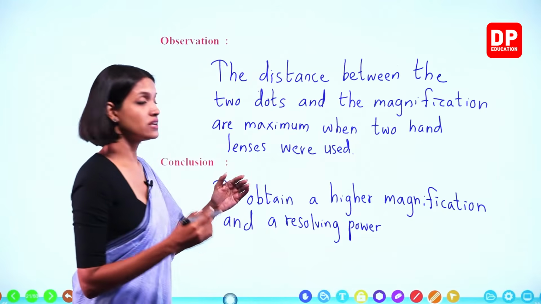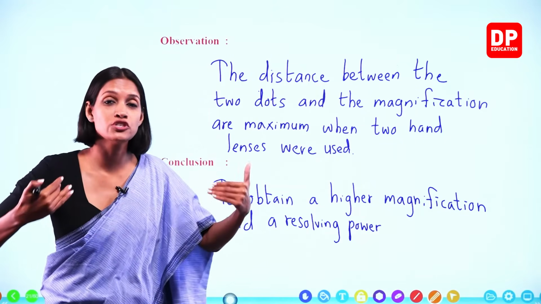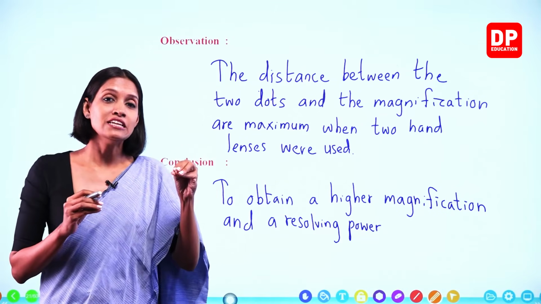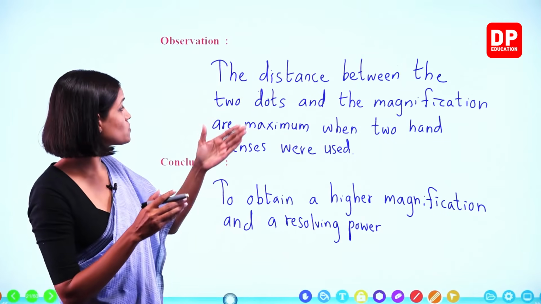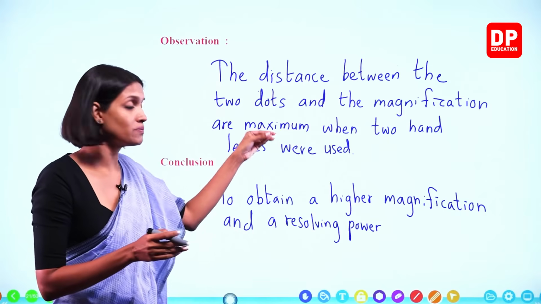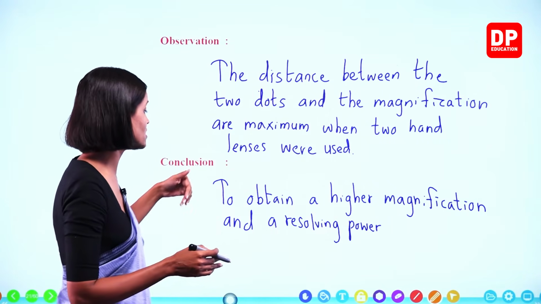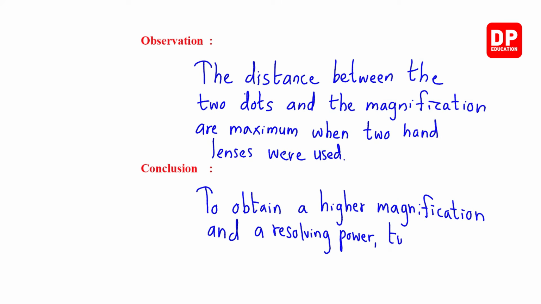Now here the distance between the two dots gets higher means the resolution is higher, right? So that's why we can clearly identify two dots as two dots very easily, right? The distance between the two dots increases means what happens, children? The resolving power, resolution is higher, right? That is why to obtain higher magnification and resolving power, two hand lenses can be used.